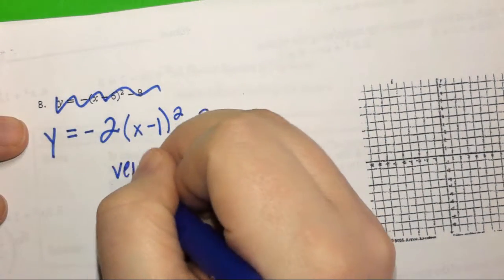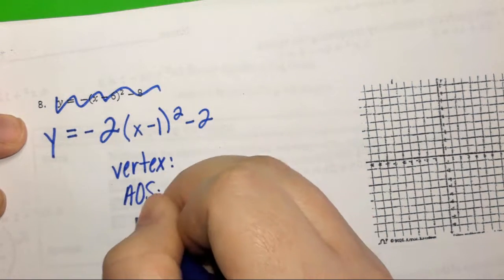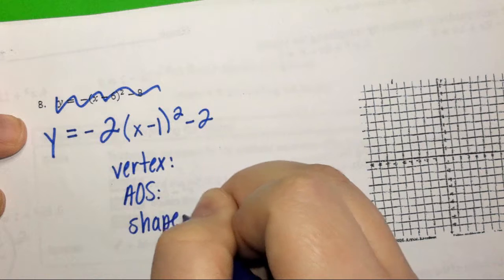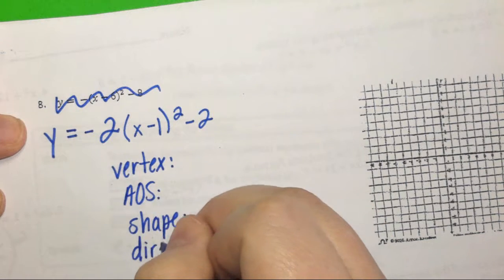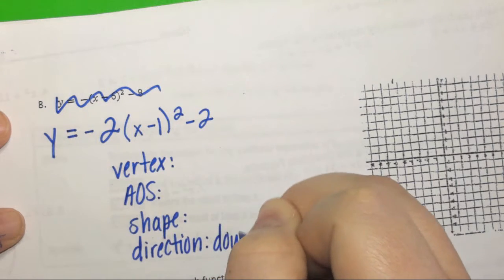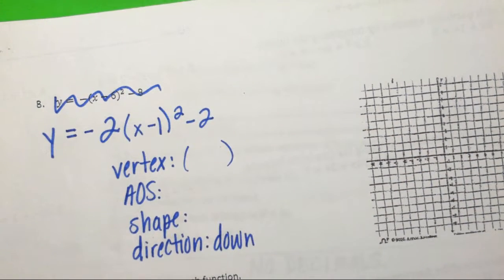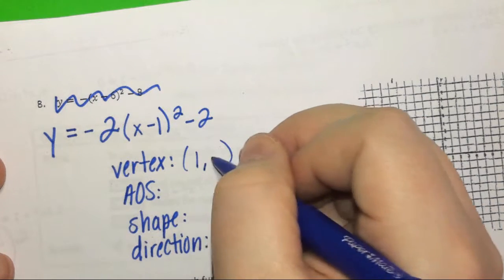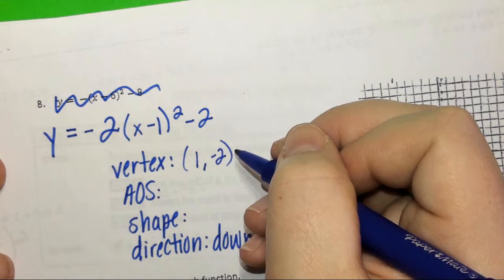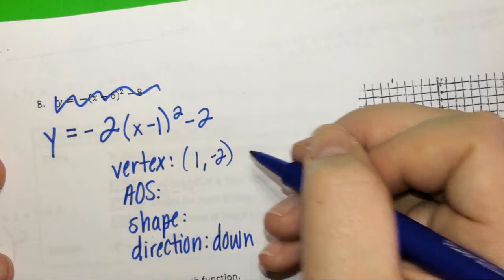I still need to know my vertex, my axis of symmetry, my shape, and I get my direction as down because it's a negative. What is my vertex? Three, get a point.